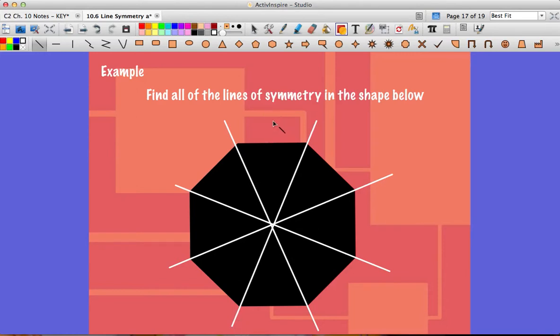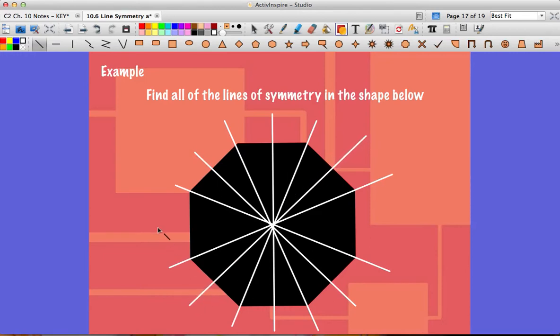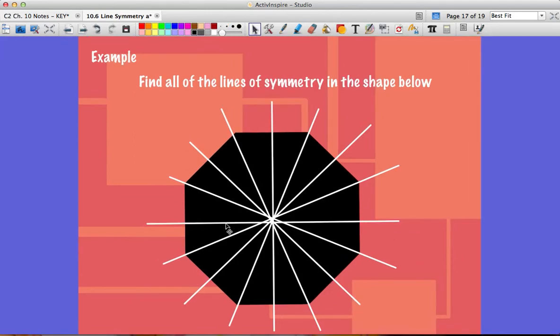Now, you also have lines of symmetry through the center of each of these. So here, here, here, and here. Now what's difficult about counting the number of lines of symmetry is you have to remember that this whole line is one line.